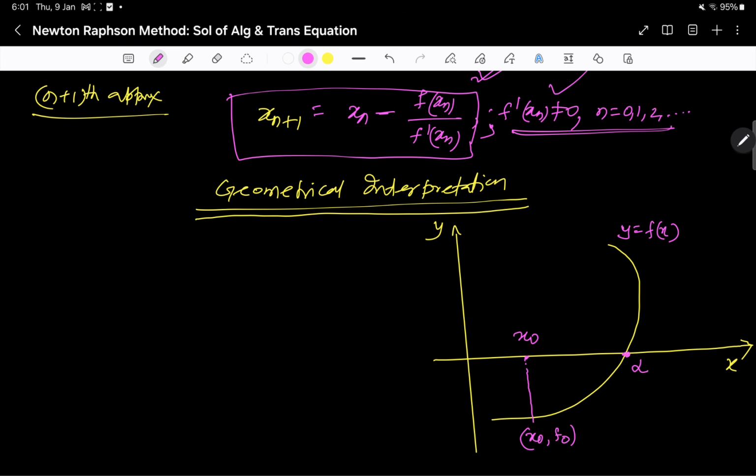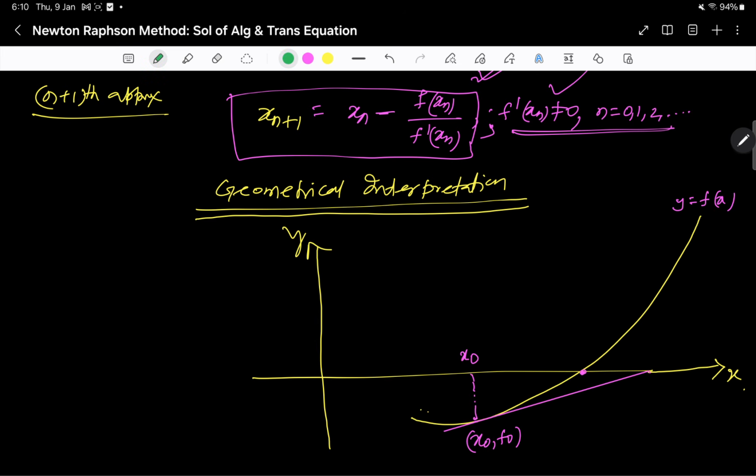So now at this point I draw a tangent line here, okay. I draw a tangent to the curve at this point, right? So we draw a tangent at this point x0 on this curve.